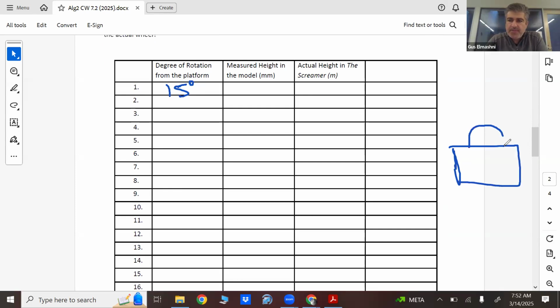We'll have a circle, and we'll look at 15 degrees. And you're going to have some sort of, not a zip tie, but like a pipe cleaner as the radius that goes from the center of the circle. So you'll tie it to the skewer. The skewer will go to the center of the circle, and you'll measure the length of the radius from the center to where you see 15 degrees.